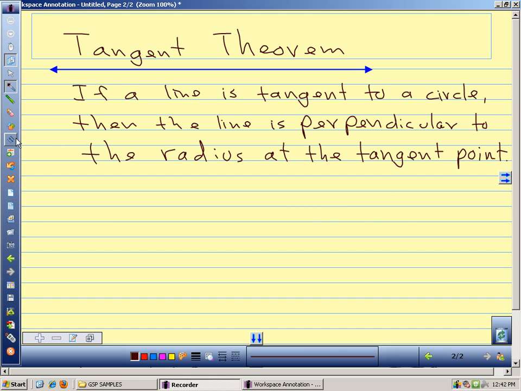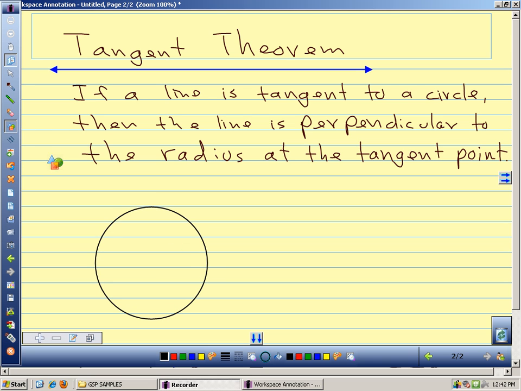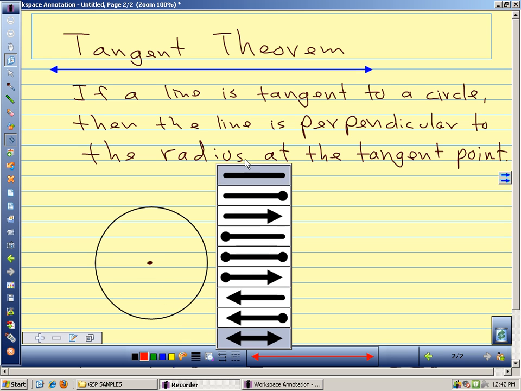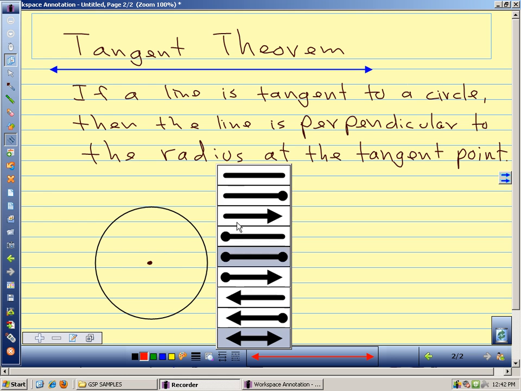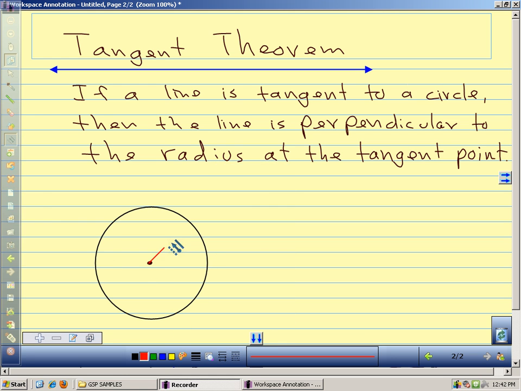And our drawing looks just like the drawing on our demo. So for our circle, we'll draw a radius. Whoops, don't want the arrows on there. So there's our radius, and we'll draw a tangent line. We'll do the tangent line in blue.